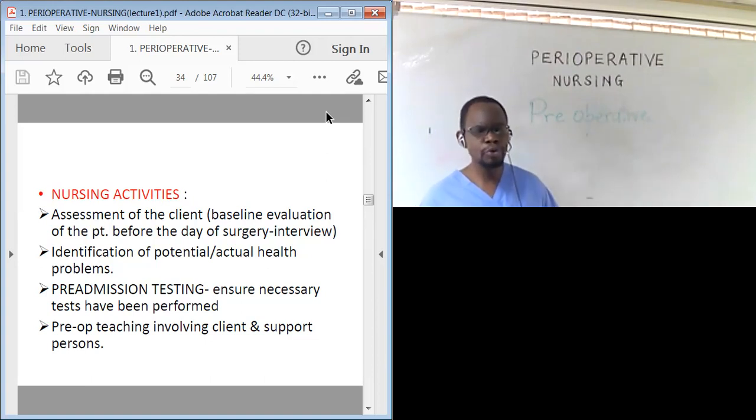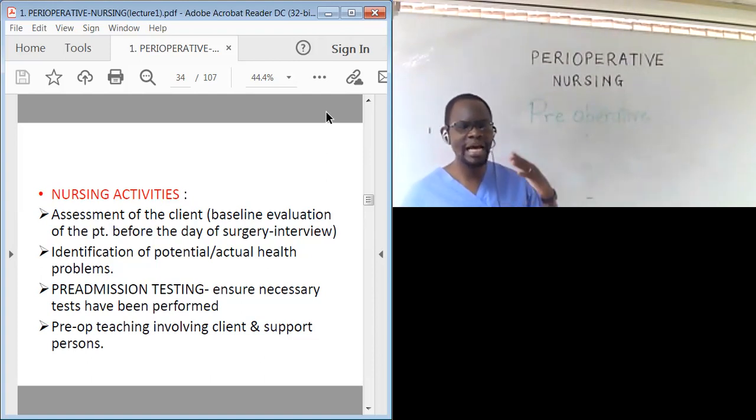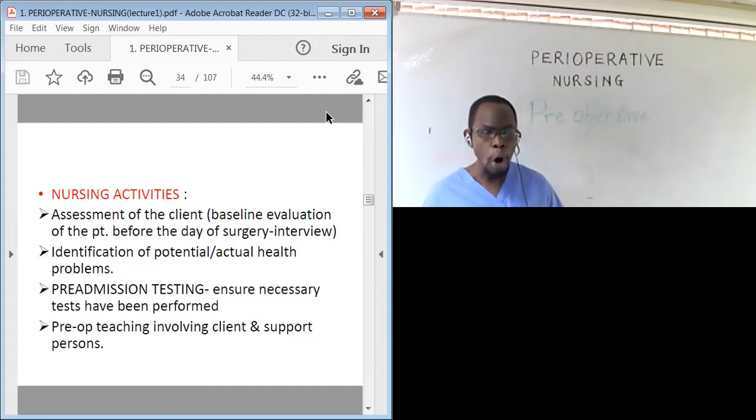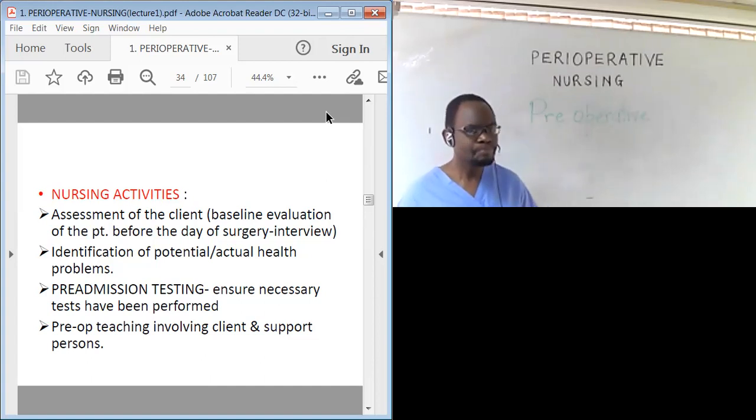Of course, we are going to look at these in detail, but you need things like CBC, RFTs, grouping and cross-match for this patient, and if they are labs, the blood is basically drawn by the nurse.